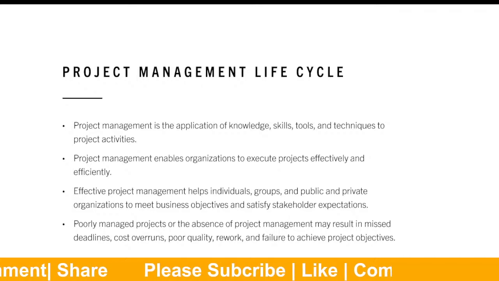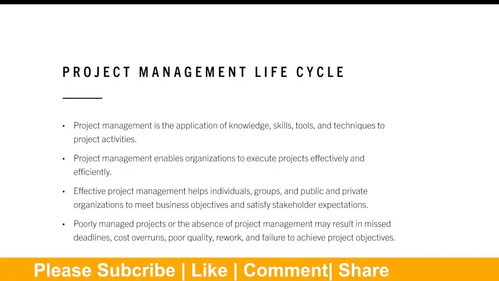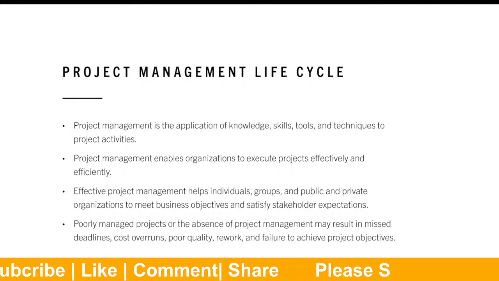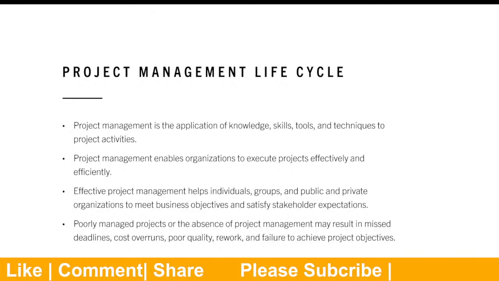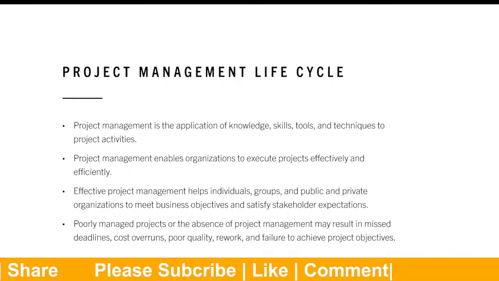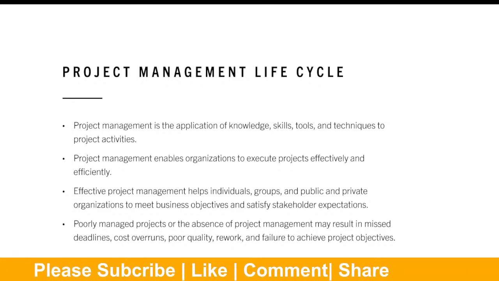Project management, like I said, is the application of skills, tools, and techniques to project activities. Effective project management helps organizations to meet business objectives and satisfy stakeholder expectations.